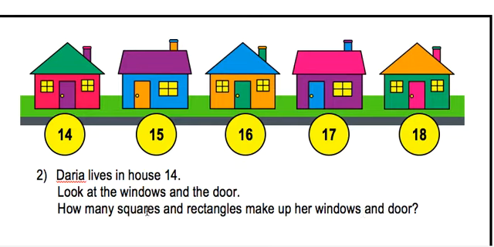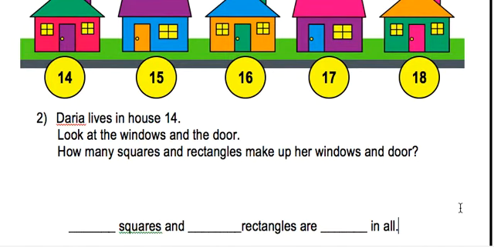So you're going to count the squares and you're going to count the rectangles. Once you are finished counting the squares and rectangles for Daria, I'm sorry, I said Darius, but that's Daria's house, you're going to put the number of squares here for house number 14. You're going to put the number of rectangles that you find in house number 14.